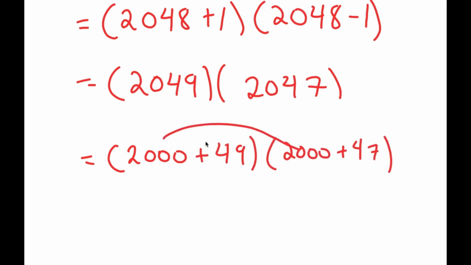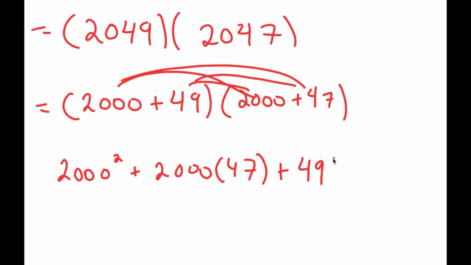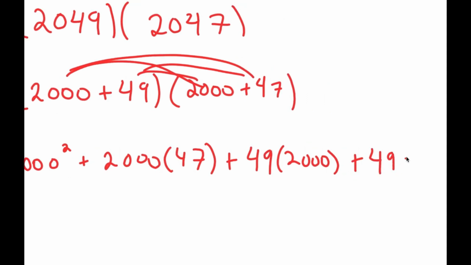Now from here, I can simply distribute. So I have 2000 times 2000, which is 2000 squared, plus 2000 times 47, plus 49 times 2000, plus 49 times 47.